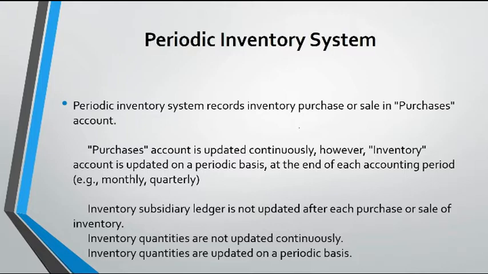Kasi inventory quantities are not updated continuously and also inventory quantities are updated on a periodic basis. So, yung subsidiary ledger ng inventory kapag periodic inventory system ang gamit, hinahawakan nyo lang siya tuwing matatapos yung accounting period. So, kaya siya tinawag na periodic.